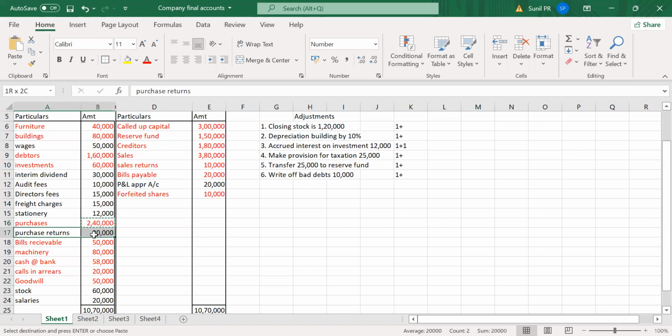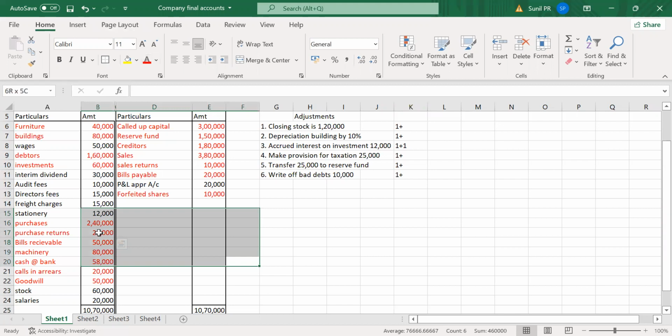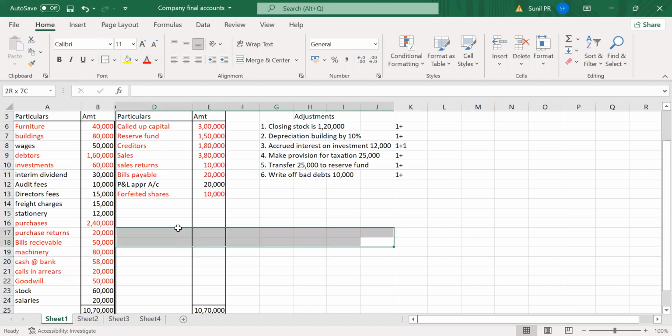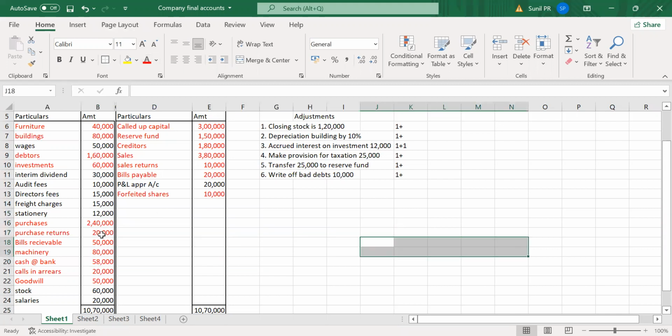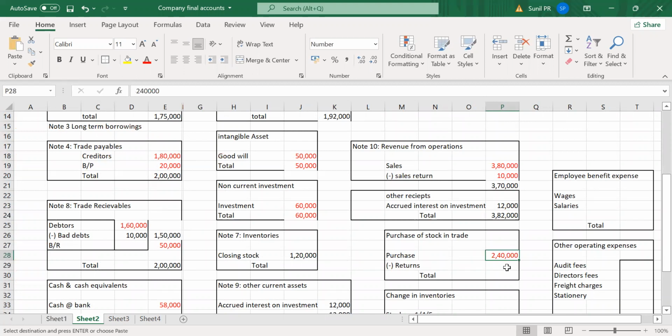Purchase return. Okay. So it will be 220,000, sir. Purchase minus purchase return is 220,000. Call it as purchase of stock in trade.